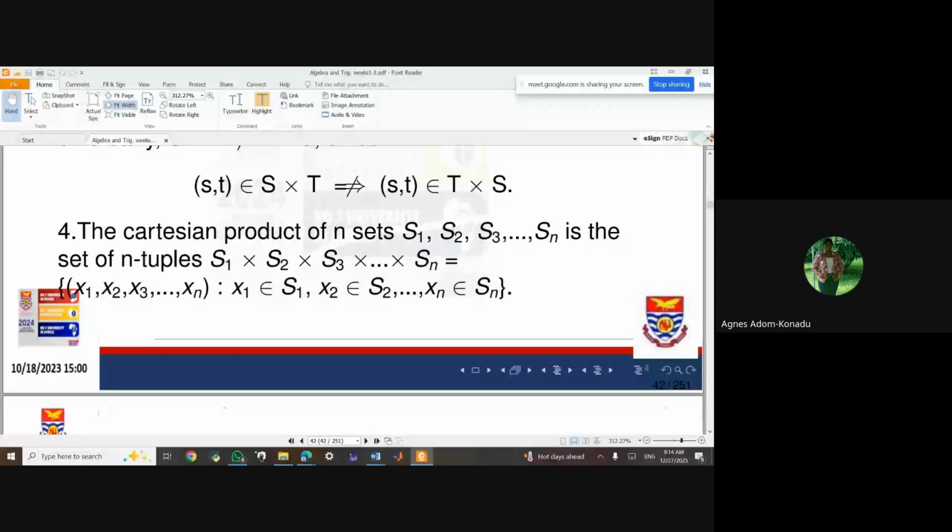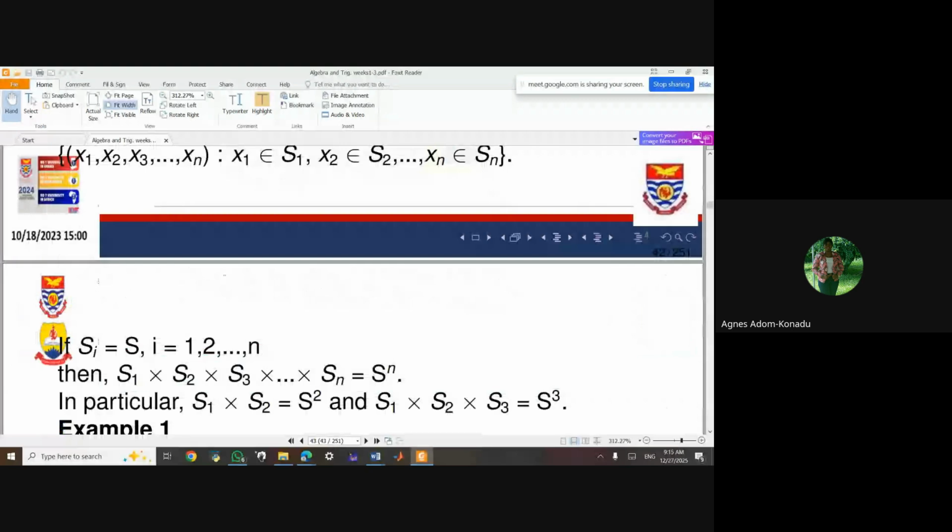So the fourth one, the Cartesian product of n sets. If I have the sets S1, S2, S3, S4, S5 up to Sn, then the cross product will be S1 cross S2 cross S3 cross up to Sn. And this is equal to the tuples (x1, x2, x3, up to xn) such that x1 is in S1, x2 is in S2, and then xn is in Sn, and that is the fourth one.